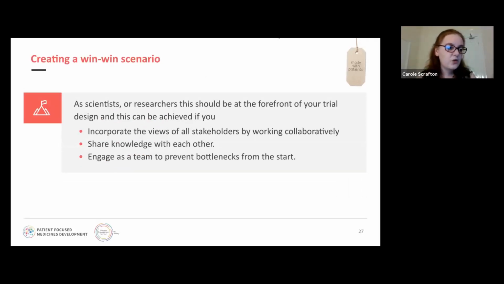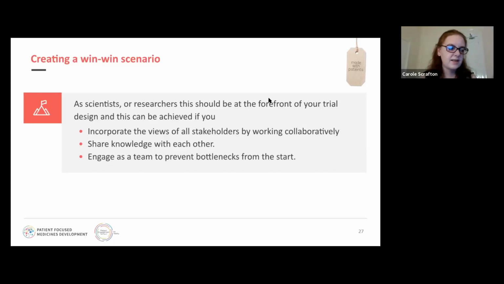As scientists or researchers, creating a win-win scenario should also be at the forefront of your trial design. And this can be achieved if you incorporate the views of all stakeholders by working collaboratively and sharing knowledge with each other. It enables you to engage with patients better and therefore to progress and succeed with your research.